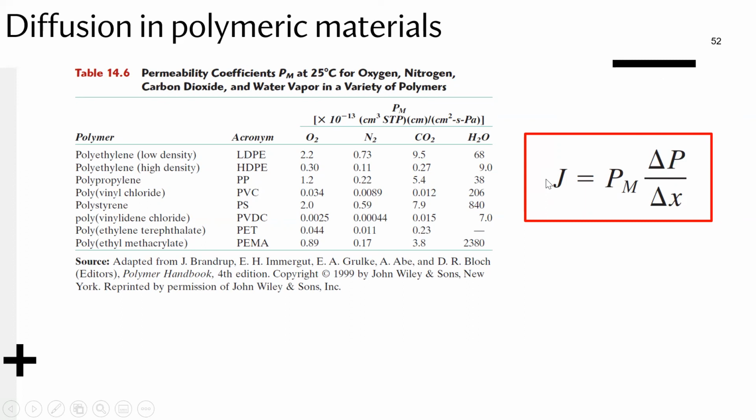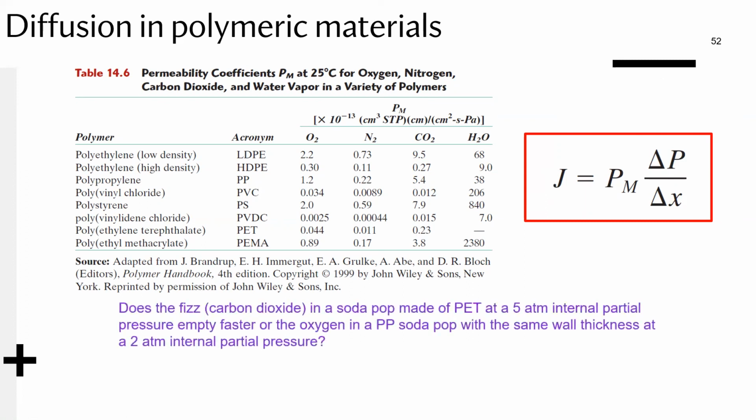Now, I'm going to give you a quick example. Soda pops, in a lot of cases, have a polymeric material. It's common to use PET, which is basically polyethylene terephthalate. For every gas it's got a different coefficient, but for CO2 it has 0.23.